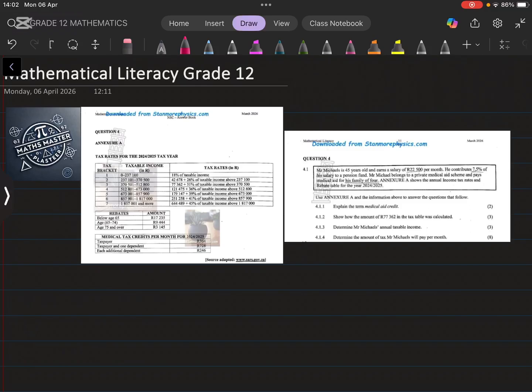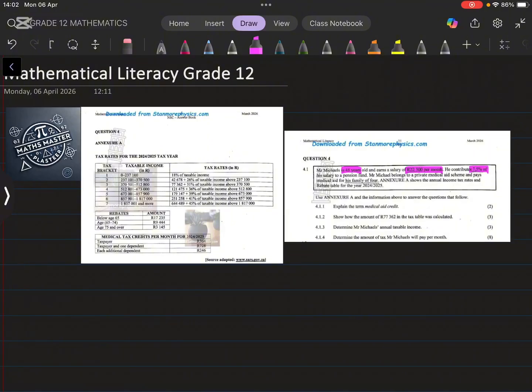So now let's look at the question paper which was written in KZN in March 2026. We have Mr. Mitchell, who is 45 years old, and he earns a salary of 22,500 per month.